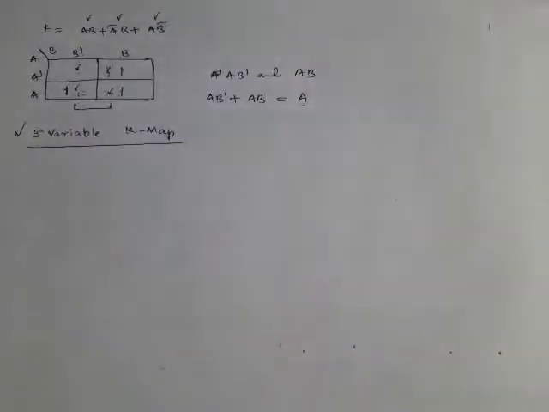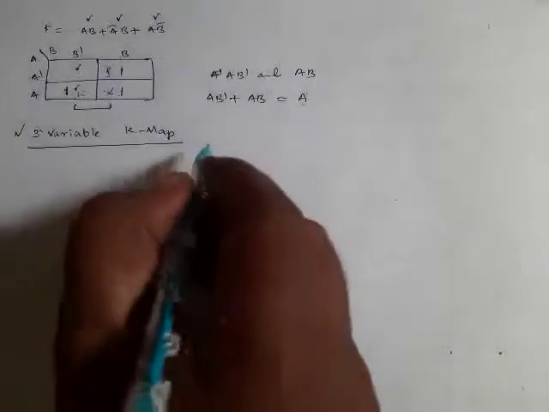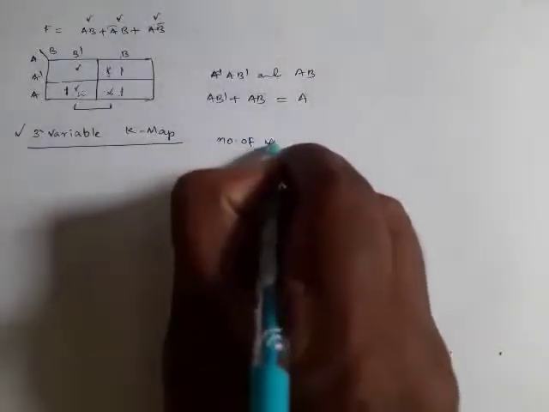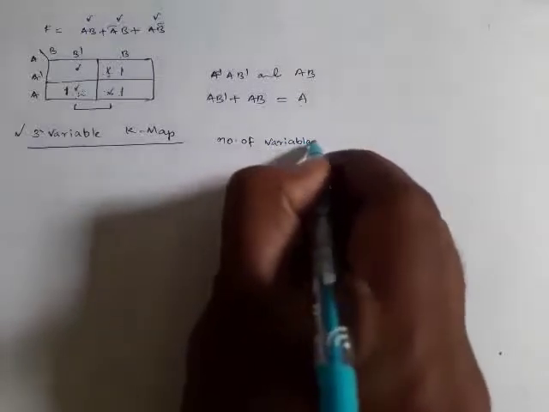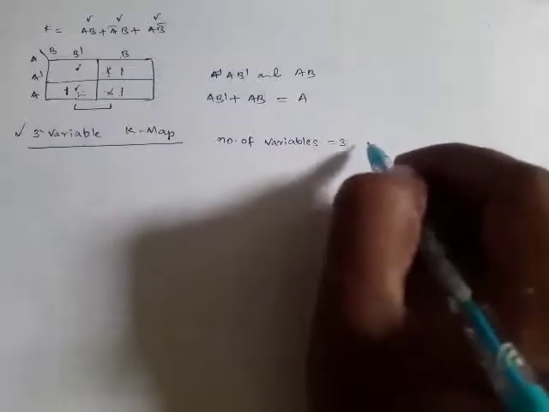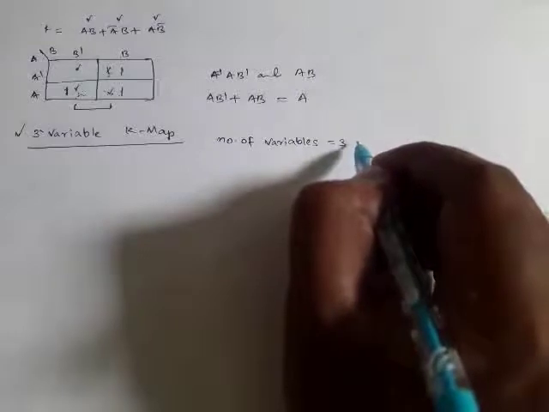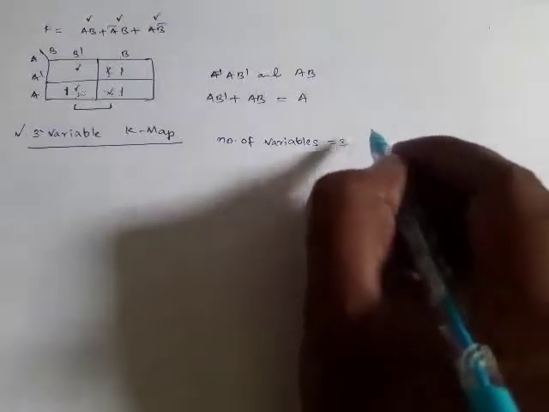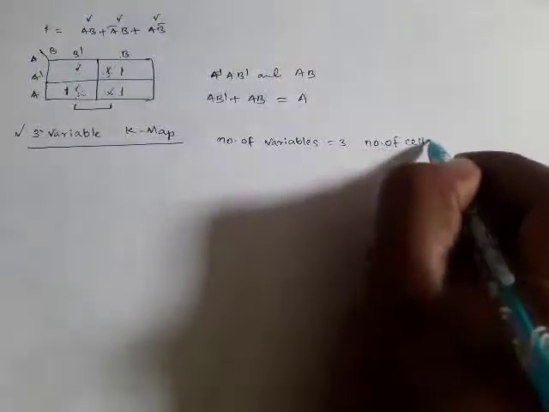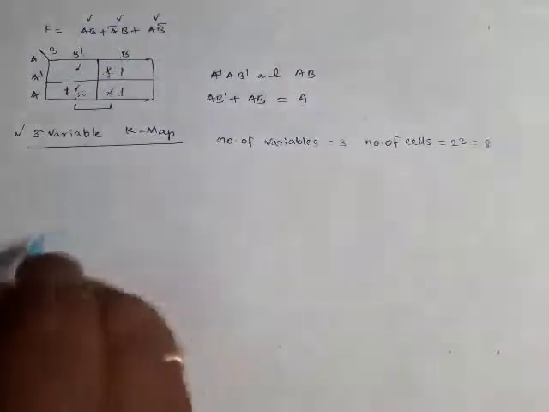As we know, the number of variables is 3, and the number of minterms present for this three variable function is 2 power 3, that is 8. So the number of cells in this K-map must be 2 power 3, that is, it must be 8.